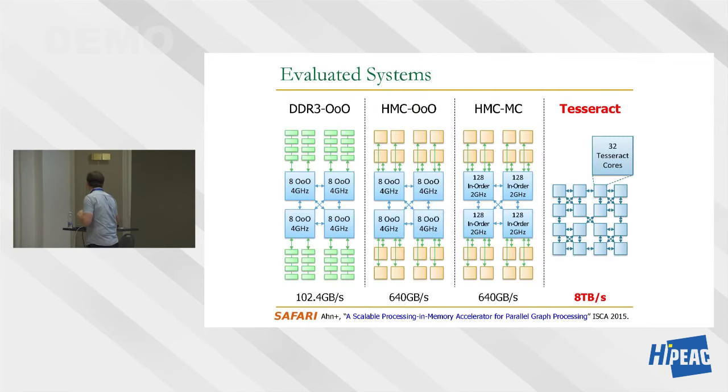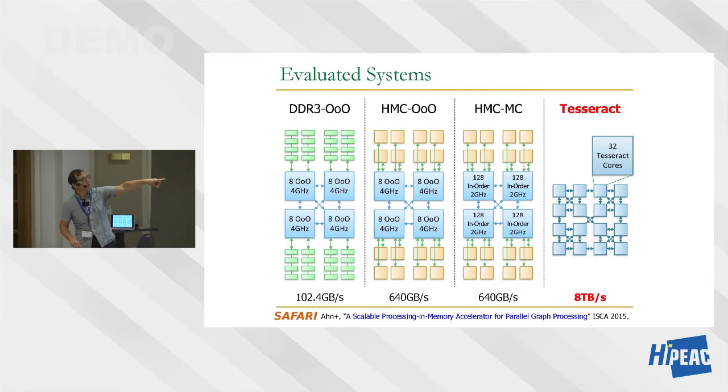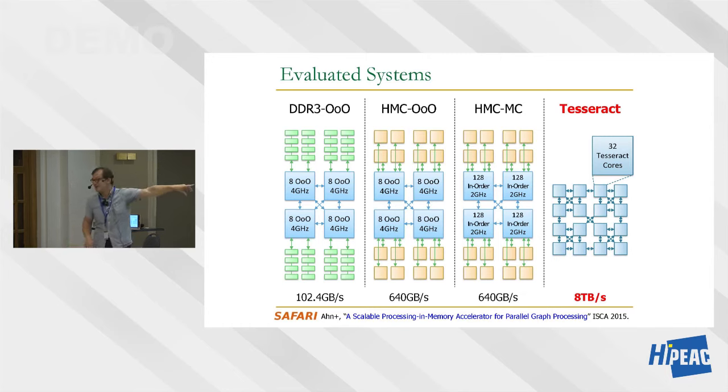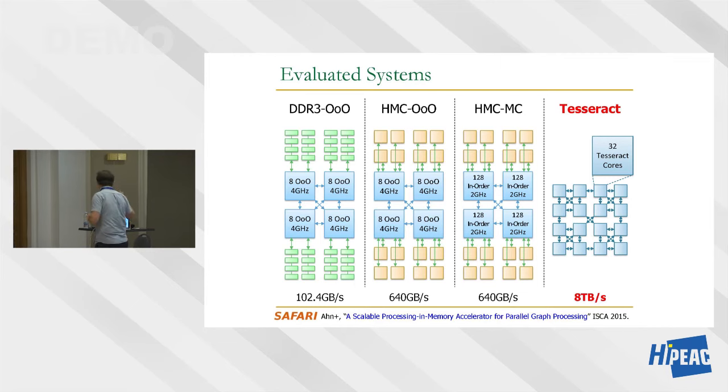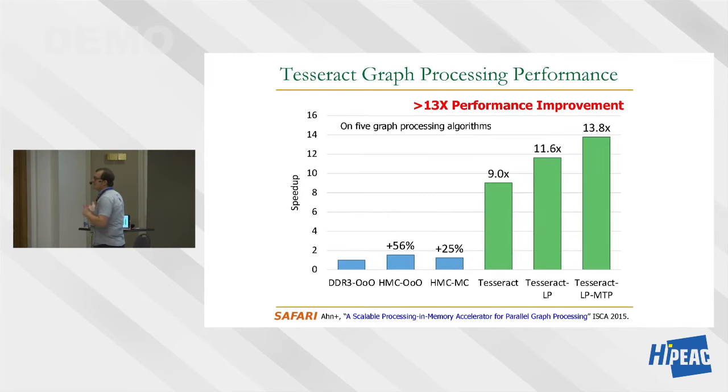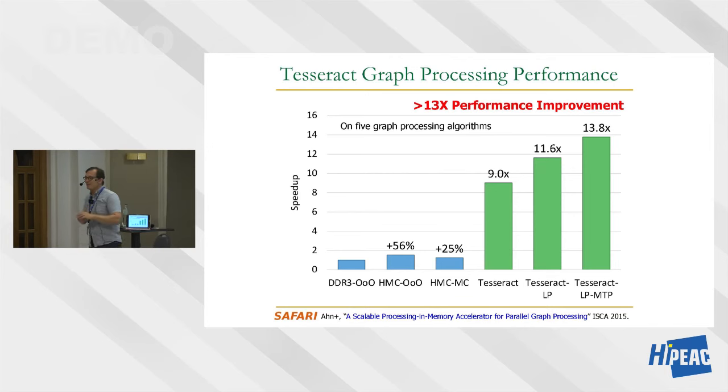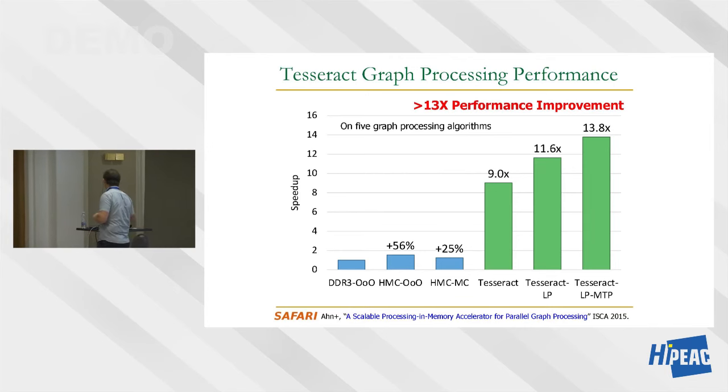And you can see that the number is pretty high, 8 terabytes per second access. So these 512 small cores have 8 terabytes per second access to memory, which is actually, if you follow the numbers in some of the keynotes, better than some of those numbers today. Although with HBM, things are getting much better. Okay, so what is the end? In the end, we ported and programmed 5 different graph processing algorithms, and we saw significant performance improvements.